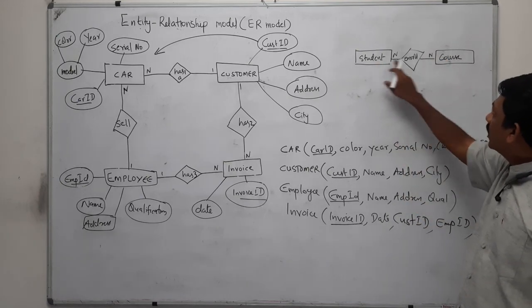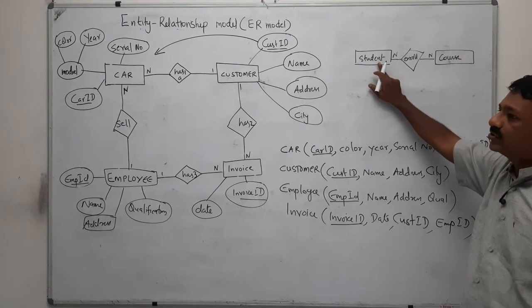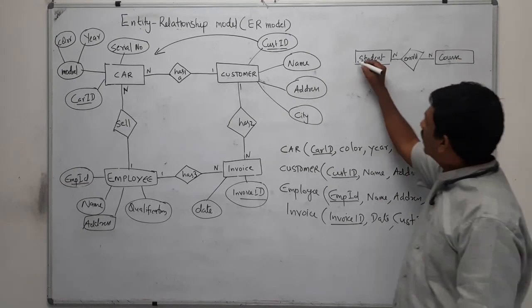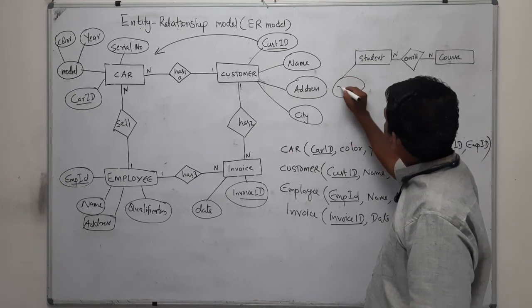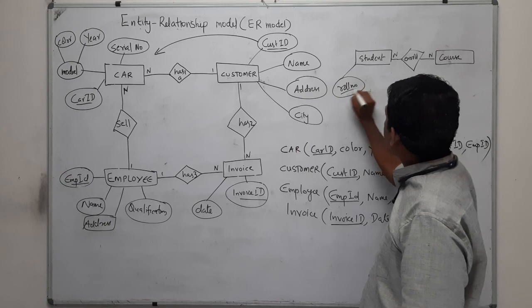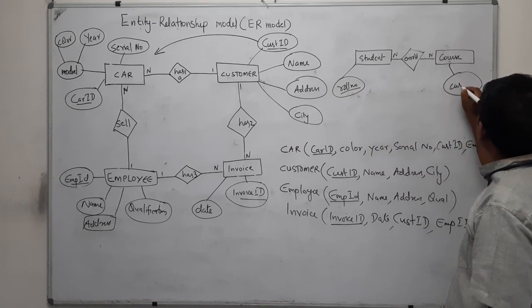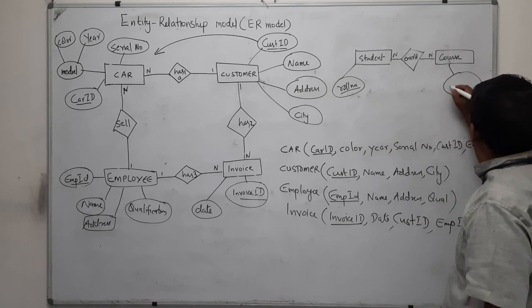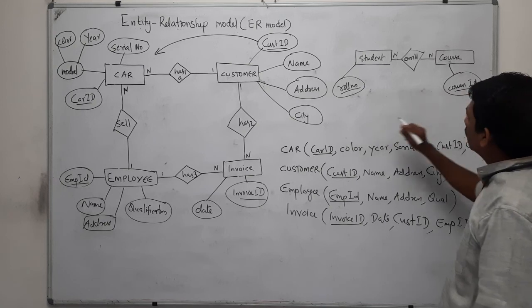A student can participate in multiple courses and a course can have multiple students. Suppose that roll number is the primary key here, and course ID is the primary key here.